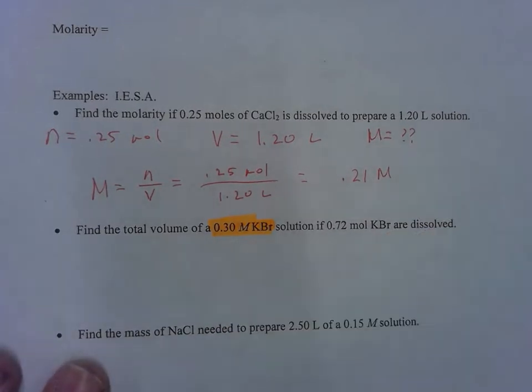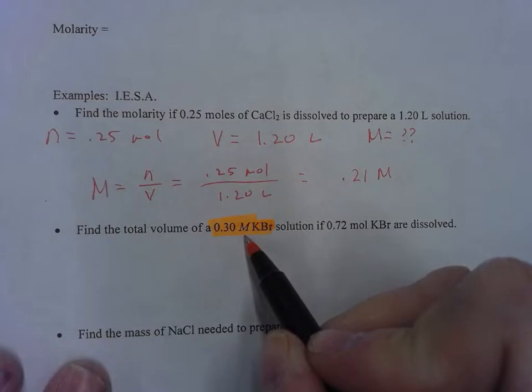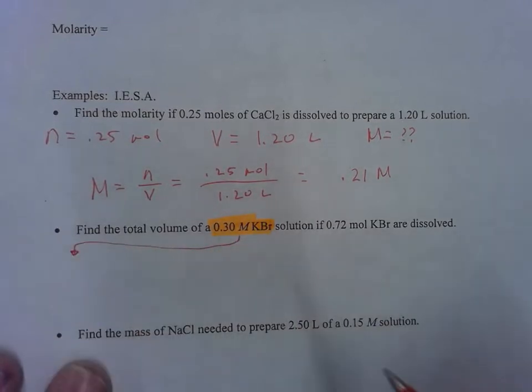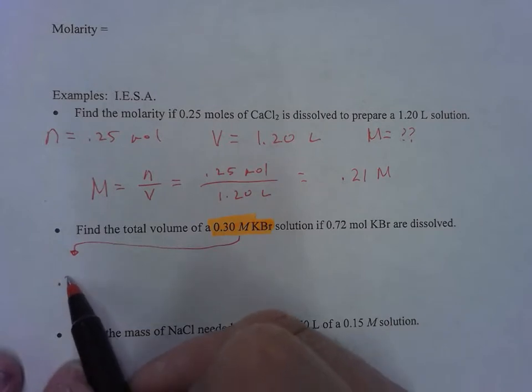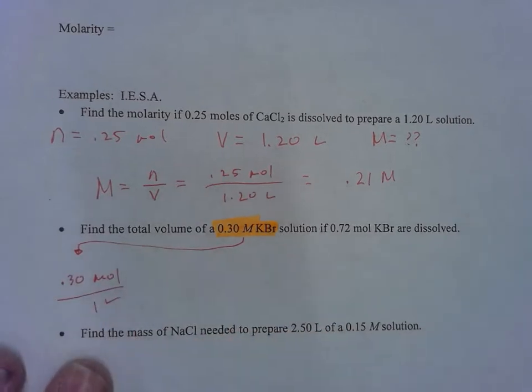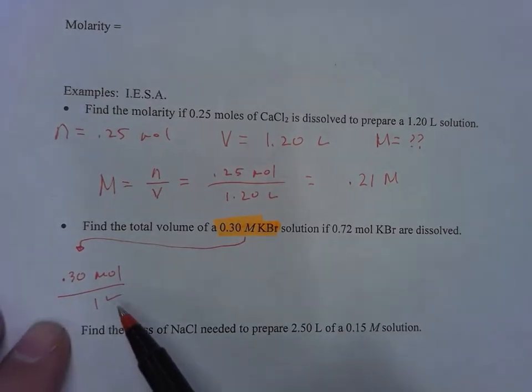You need to unpack this big M. What this really means is 0.30 moles per 1 liter. And notice, when you write it like that, it can be used as a conversion factor, so you can flip it upside down if you need to.